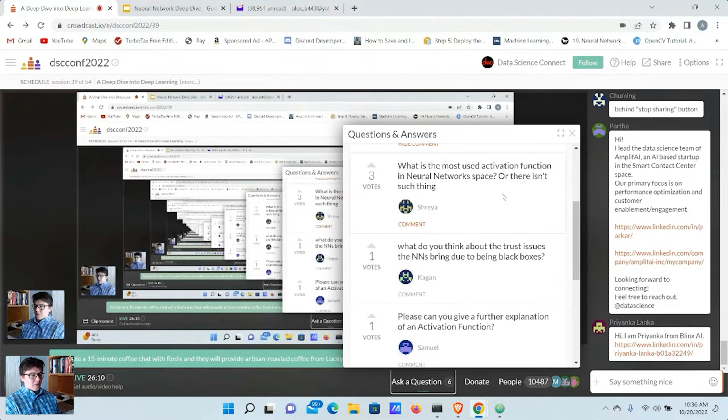If you're predicting multiple values or multiple categories, you would have a softmax. But yeah, ReLU is what I would say I see used the most.